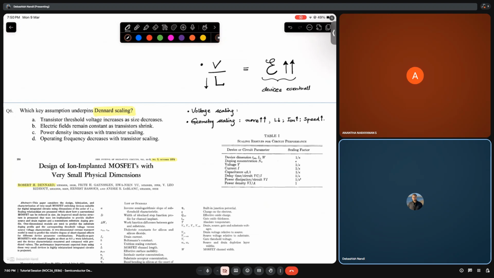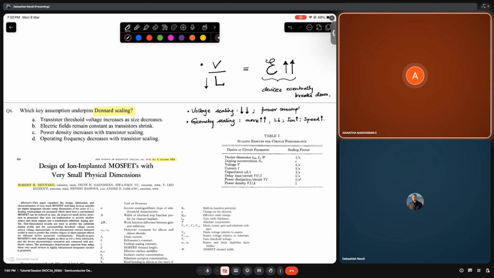So we needed voltage to also get scaled. And this also plays into our favor. Why? Because if voltage is lesser, power consumption is lesser. There's also the hidden advantage that we'll need only lesser voltage to turn it on, right, sir?